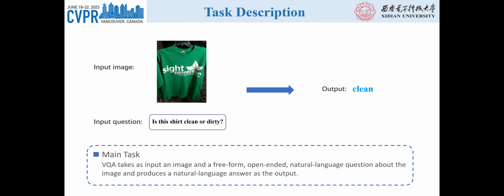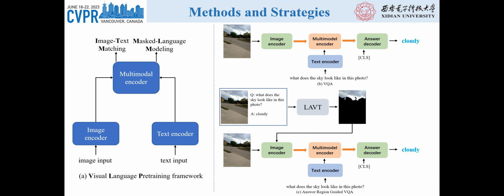A VQA system takes as input an image and a free-form, open-ended natural language question about the image, and produces a natural language answer as output, which can help blind people understand the world. Recently, large-scale vision and language representation learning has shown promising improvements on various vision language tasks, as shown on the left.